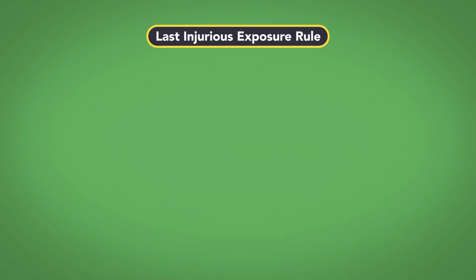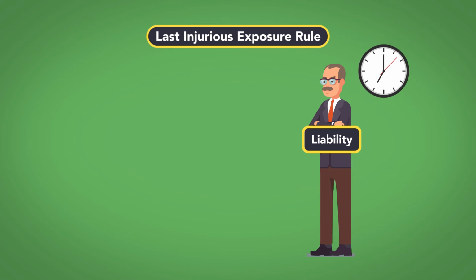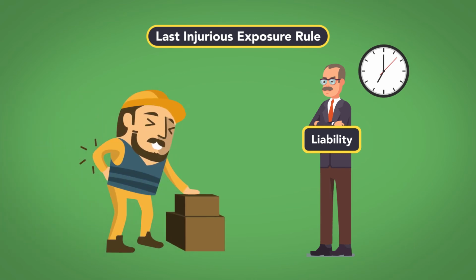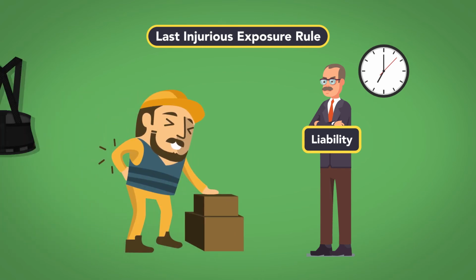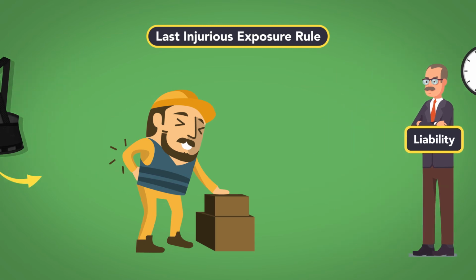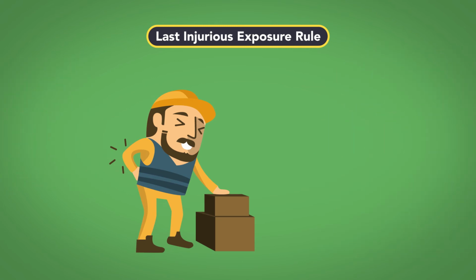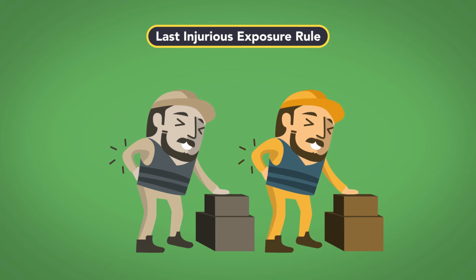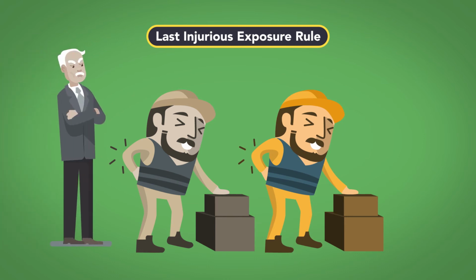Put another way, liability falls upon the employer at the time of the most recent injury that bears a causal relation to the disability. However, if the second injury is really just a recurrence of the first, then the employer at the time of the first injury would instead be liable for the recurrence.